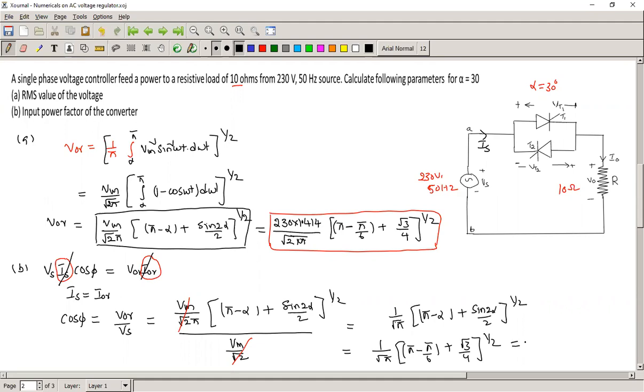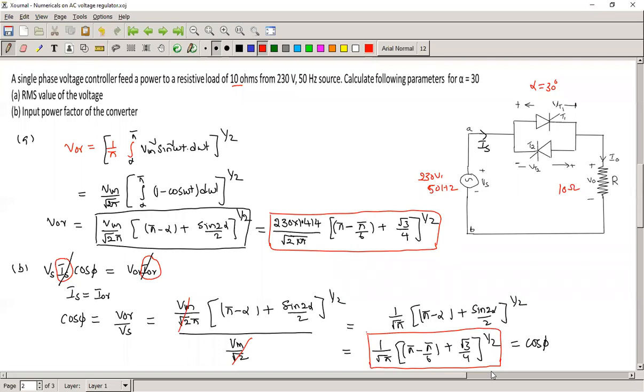So this is the cos phi. We calculate this, and finally you get some value which is less than 1. The power factor is always less than 1. If you get a power factor more than 1, you might have made a mistake somewhere, and you have to cross check it. This is the input power factor.